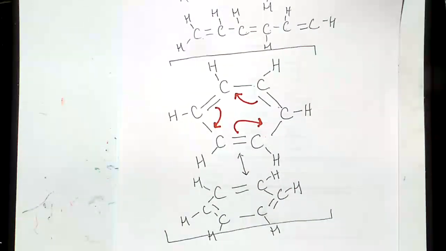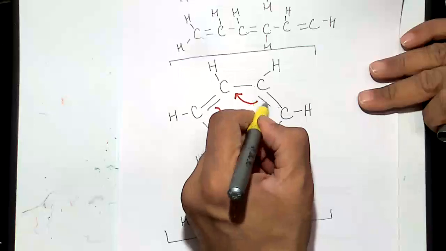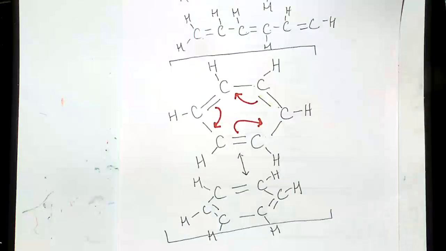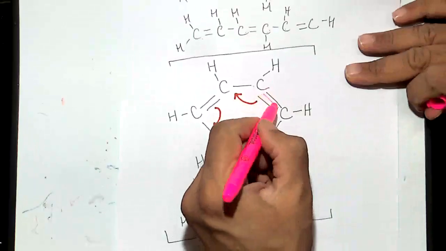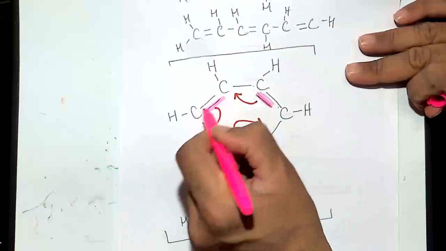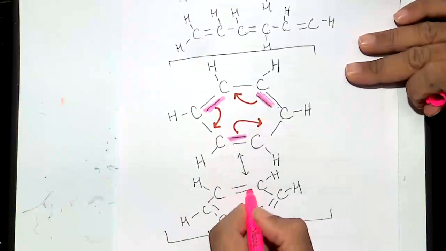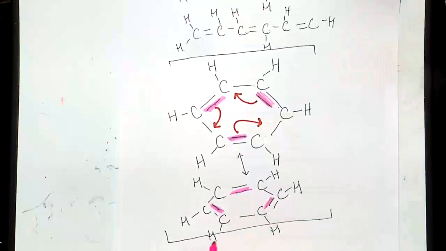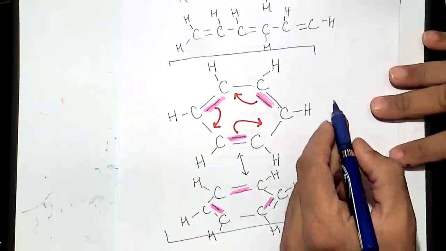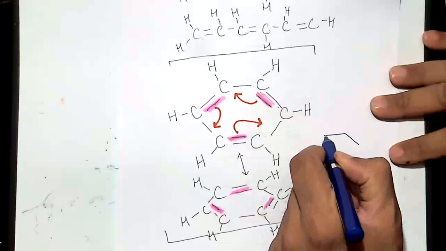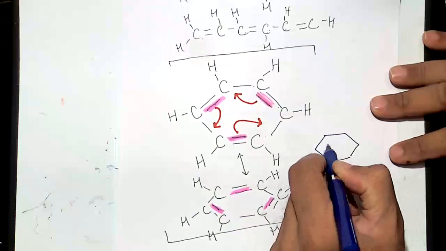So check out the double bonds here. The double bonds are shared equally. Double bond here, double bond here, double bond here. Because of the resonance, they buzz around all 6 carbons. If you take organic chemistry, they symbolize benzene like this.